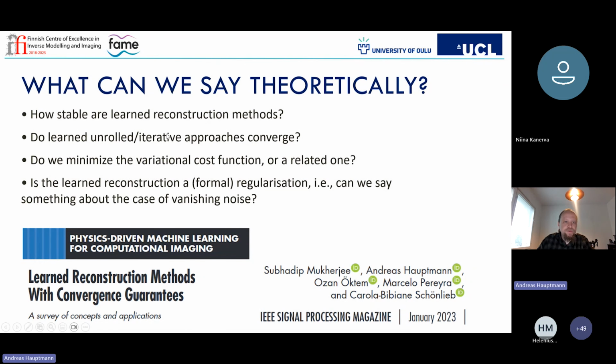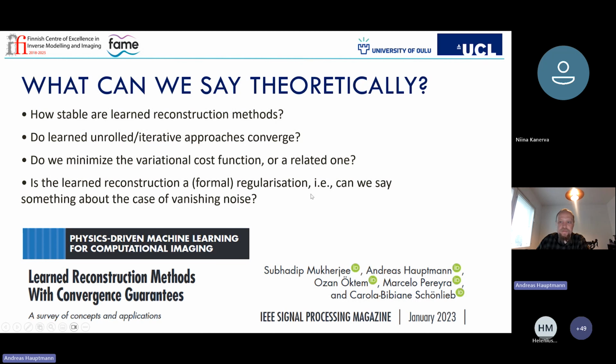And then, specifically talking about these iterative methods, do those converge? Or even more, do they correspond to some variational cost function? So can we say what we are actually minimizing, if we are minimizing anything? And on top, that would be the strongest, can we say that it's a formal regularization? Regularization, we will see in a moment, means that when the noise vanishes, will we converge to something that solves the actual operator equation?